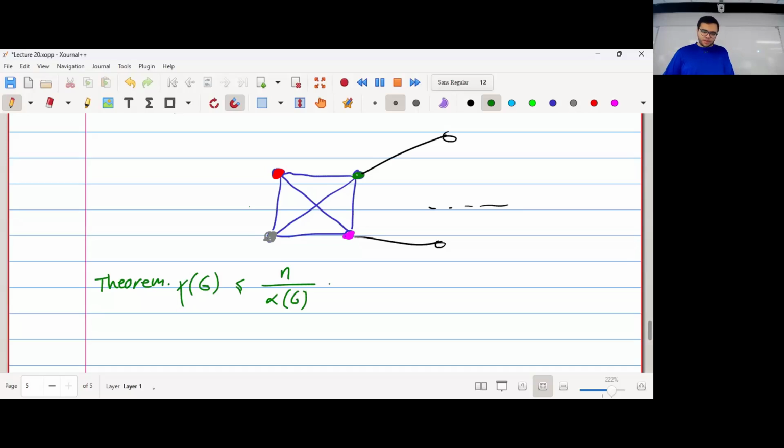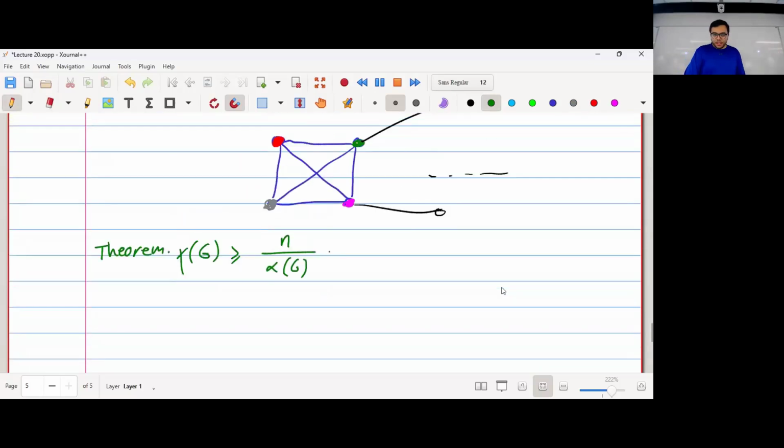Less than or equal, or greater than or equal? I'll figure that out. Greater than or equal, I think. Okay. Now, why is this one the case? Why do I need at least these many colors?